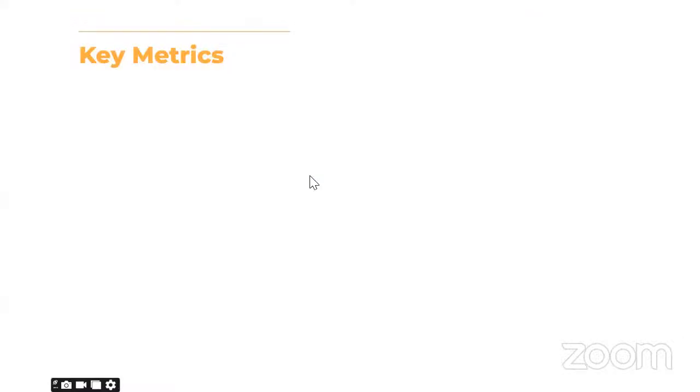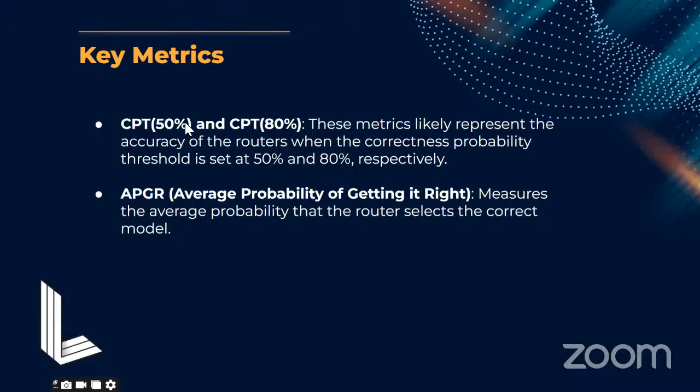Now let's talk about the results. As Ajibola talked about, the CPT with X percentage, we are going to take it to 50% and 80%, and also find the average probability of getting it right. CPT discusses the accuracy of the routers, whereas APGR measures the average probability that the router selects the correct model.